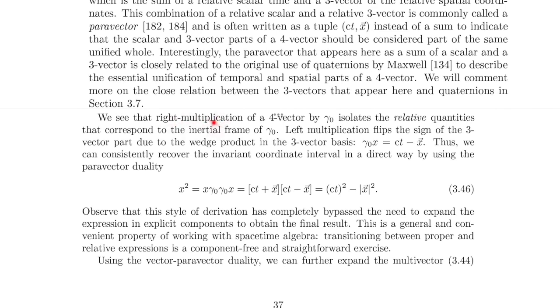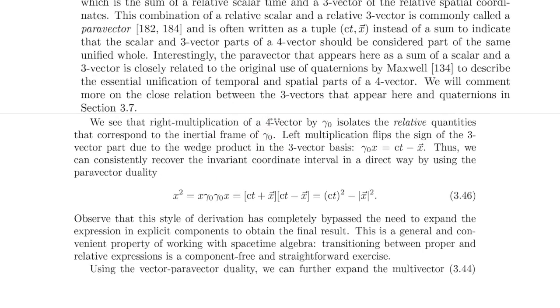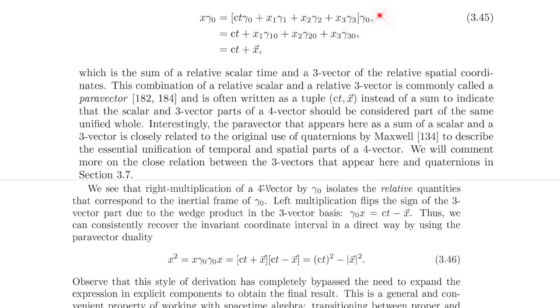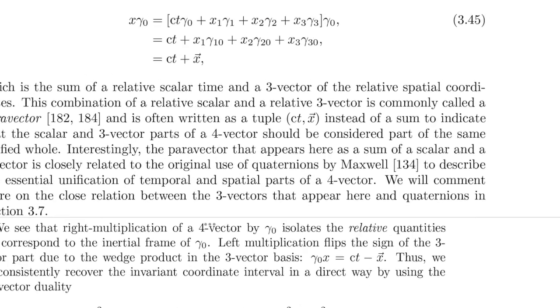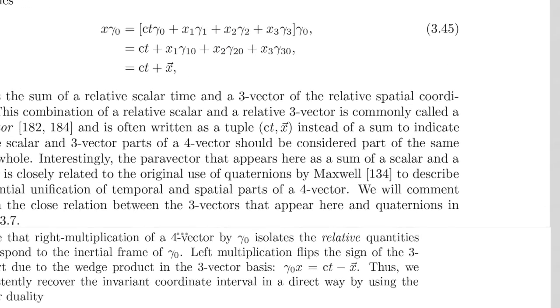So we isolate the relative quantities that correspond to the inertial frame of gamma 0. It's very critical to understand the inertial frame of gamma 0. What does that mean? Remember, that's the way the language is going to go from now on, so we've got to be real solid with that. What we're basically saying is you're setting up a reference frame in space-time, and gamma 0 is the time-like basis vector. It's a purely time-like basis vector.